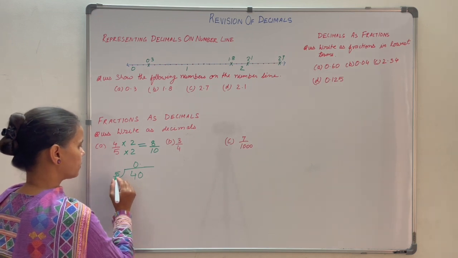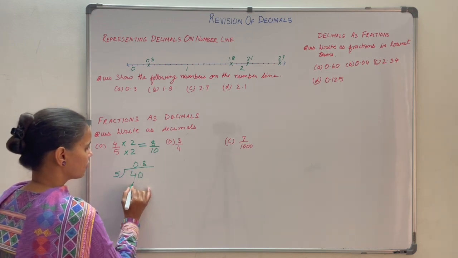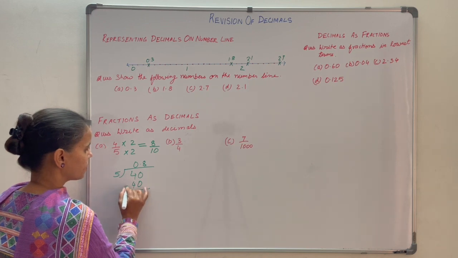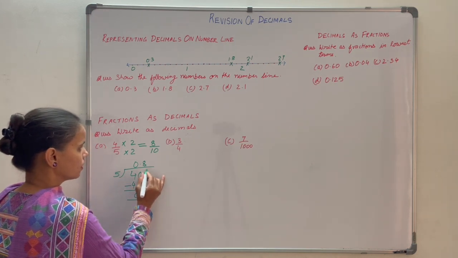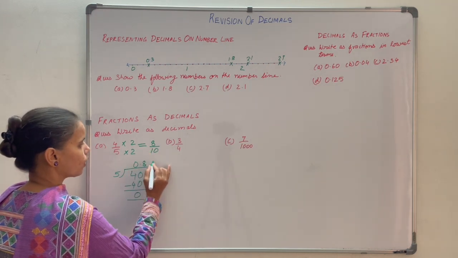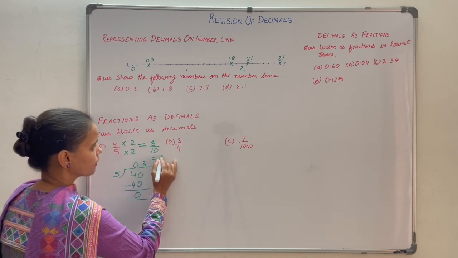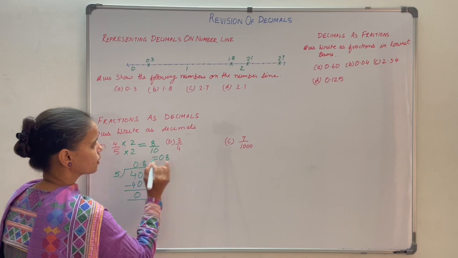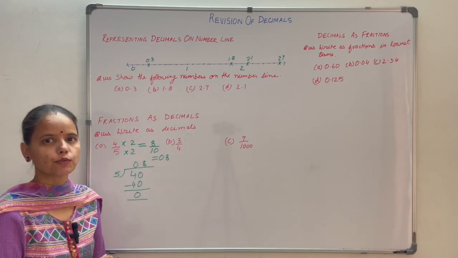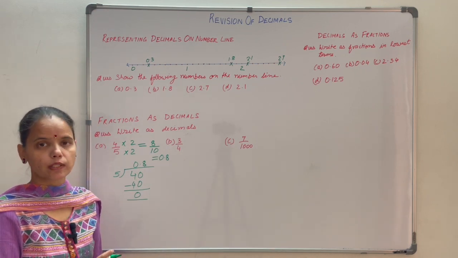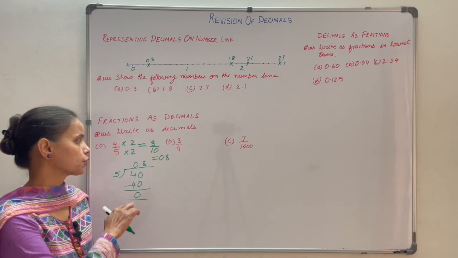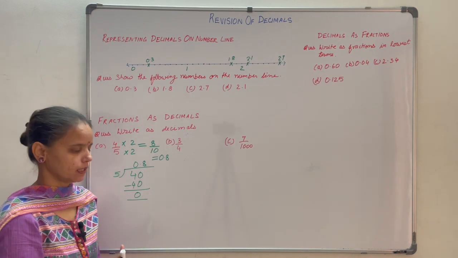So now it is divisible. 5 8s are 40. Remainder is 0. So this method will always work for any number in the denominator. So 8 divided by 10 is 0.8. You can choose any of the methods, whatever you like, and moreover it is also dependent upon the denominator.